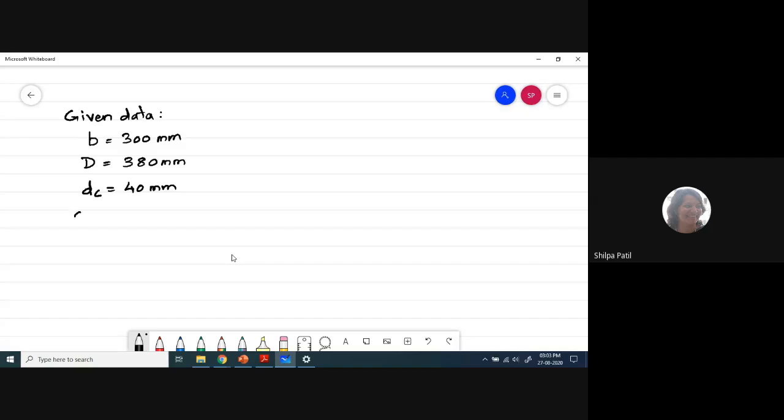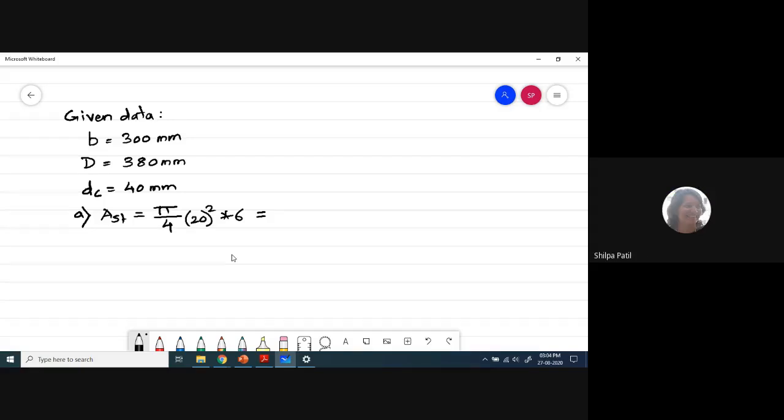So for the first case, AST is given. What is the value? 6 bars of 20 mm diameter. Okay, so I will directly calculate the area here. So it is pi by 4 d square into 6. What is the value? 1884.95 mm square.